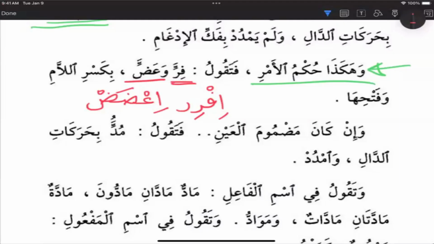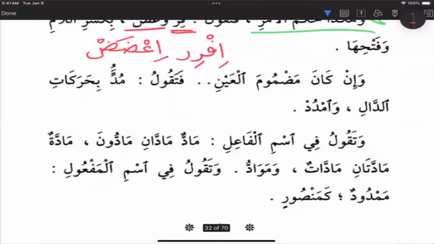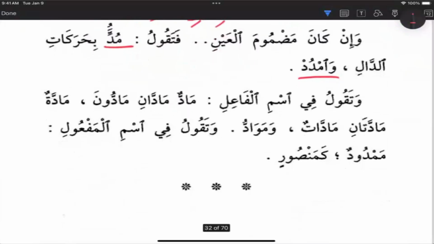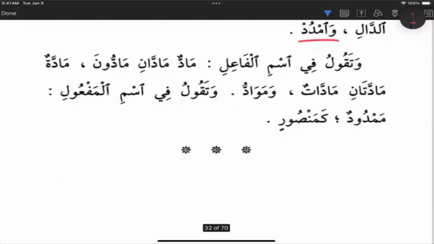And he says, وإن كان مضموم العين فتقول مد في حركات الدال وامدد. So you'd say مد or امدد. وتقول في اسم الفاعل ماد. So now what's left? You have the name of the doer, Maddun.